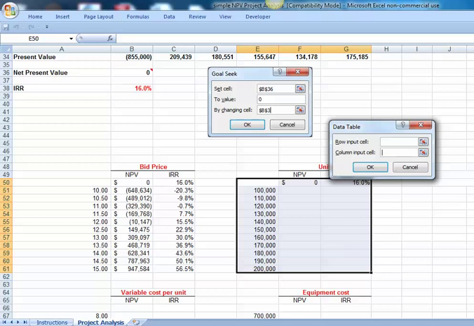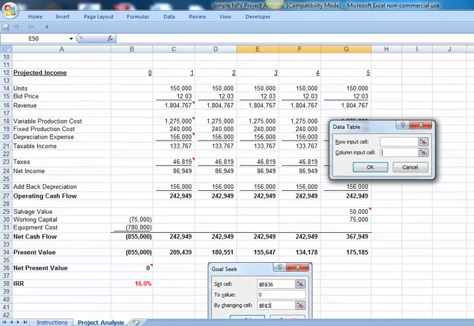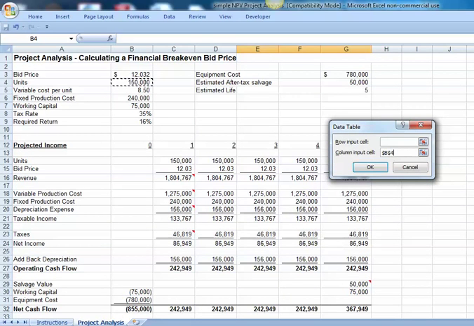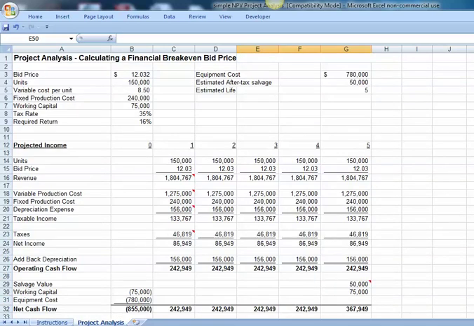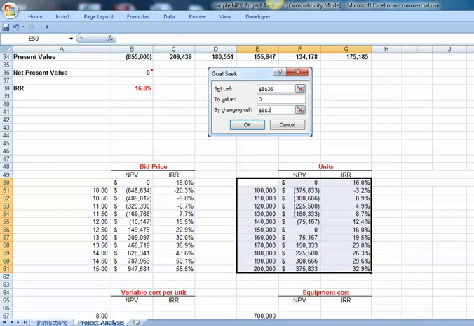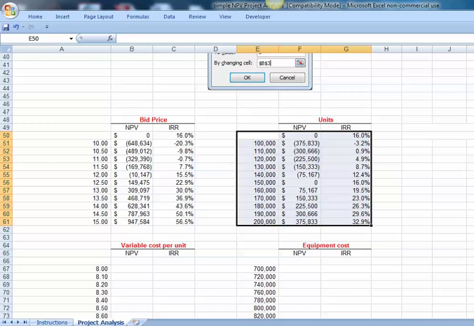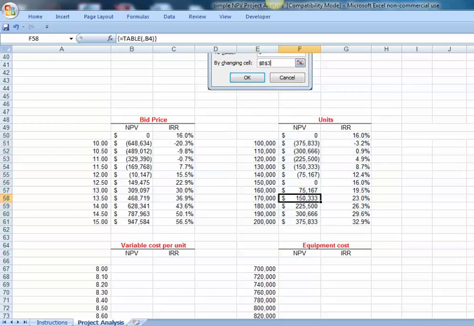These numbers are in a column, and we want to put the units right there in cell B4. And at a bid price that we currently have of $12.03, this is how changing our unit sales would impact our net present value and IRR. Again, notice as sales go up, the project makes more sense, has a positive net present value. Below that current level of sales, the net present value would be negative.